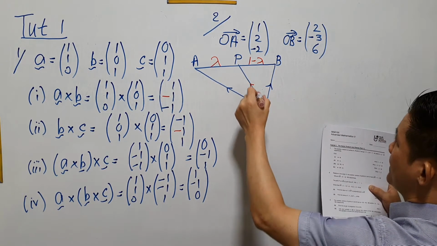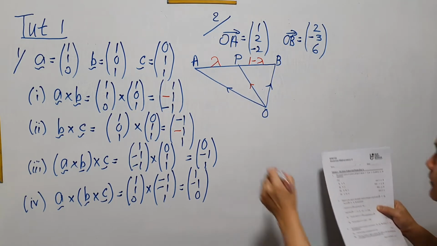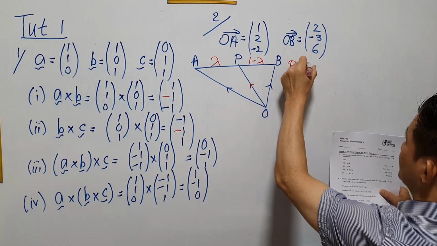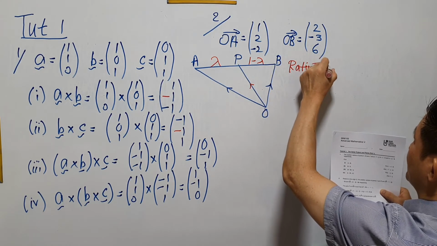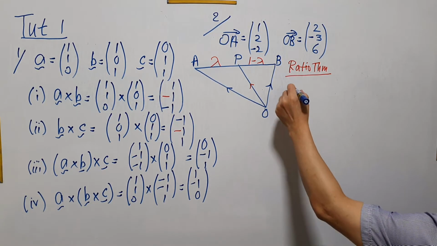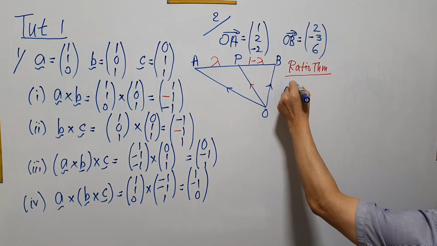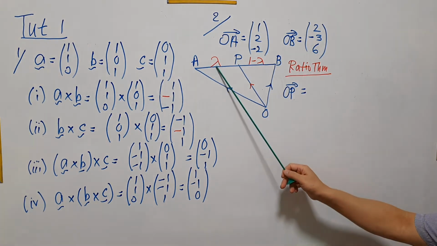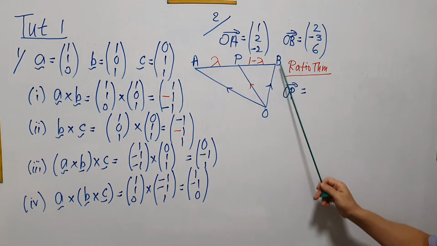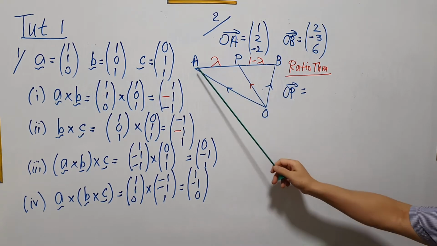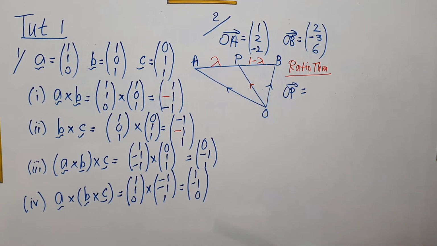I hope you do remember this thing called the ratio theorem. Do you remember the ratio theorem? We can use the ratio theorem to find the vector OP quite quickly. How do we apply it? The ratio theorem says to find the middle vector, OP, you take this ratio times this vector OB plus this ratio times this vector OA, and then divide by the sum of the two ratios.